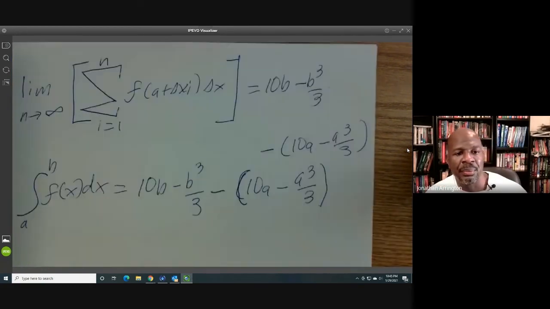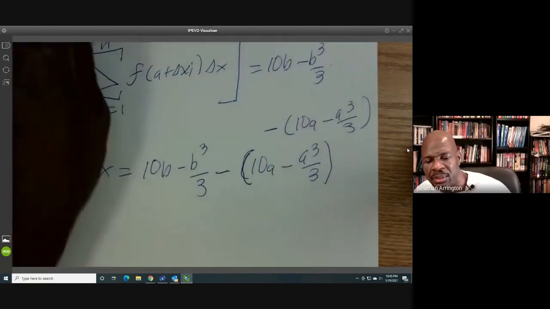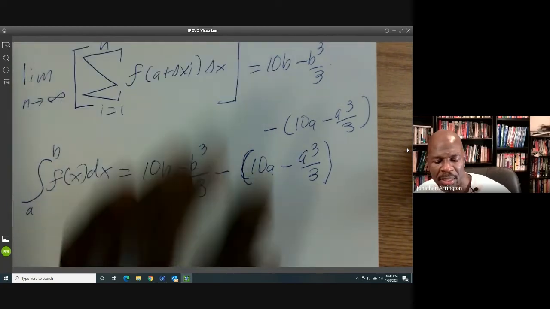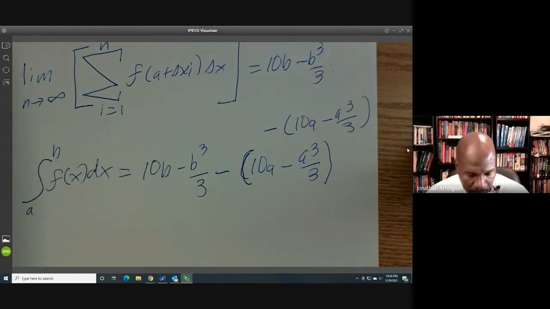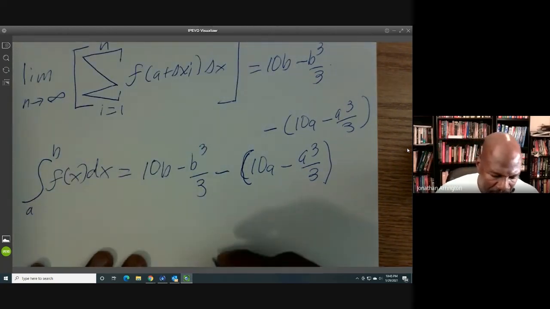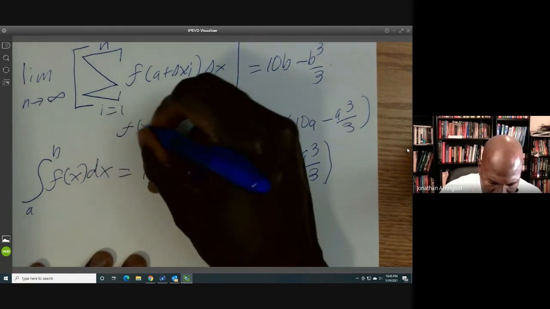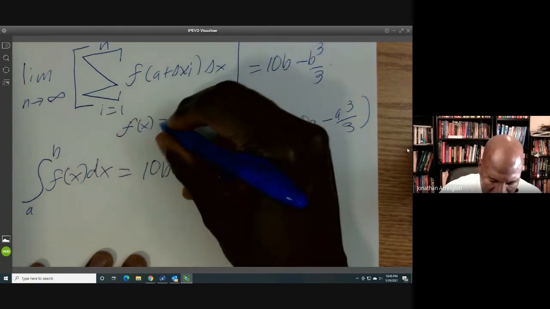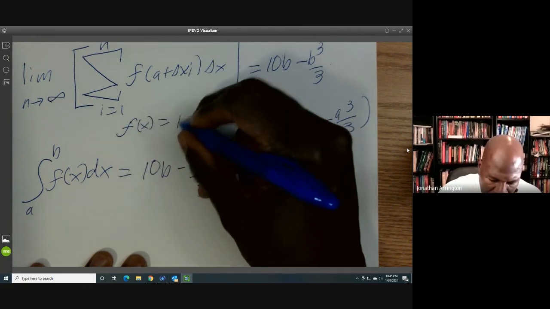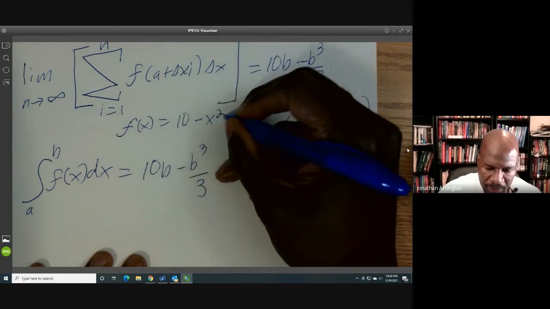And so this is a fascinating result because remember the original function. So just as a note, f of x was 10 minus x squared.